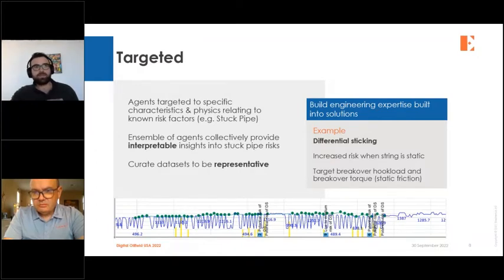So by having various agents targeting all these different risk factors at the same time, you can not only identify the risks, but by looking at the combination of these risks found, you have quite interpretable insights about a stuck pipe risk. For example, let's say you see problems with pressure, you see problems with rotation, and problems with translational motion, that's lifting up and down.